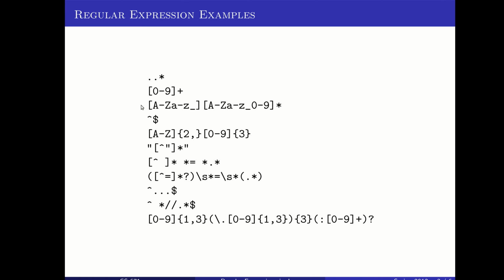So this would be a good one to match Java variable or generic names, that they're allowed to be letters or underscores to start with, and then they're allowed to be letters or underscores or numbers after that. You can't start with a number, so the first grouping doesn't include numbers.